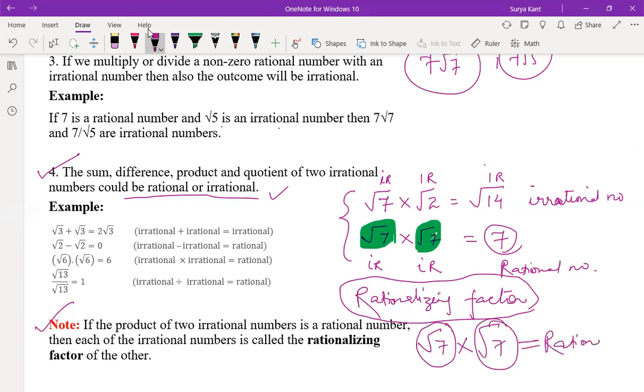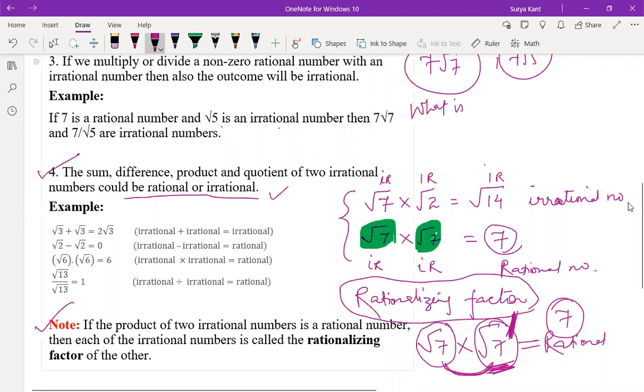The factor which is going to multiply with this number, and the number becomes a rational number. So this factor is nothing but a rationalizing factor. We call it a rationalizing factor.